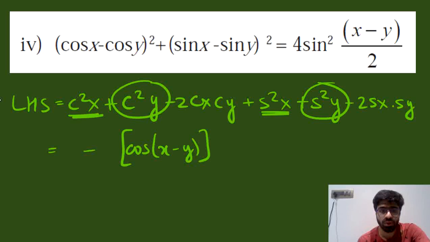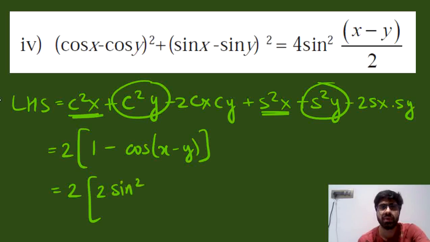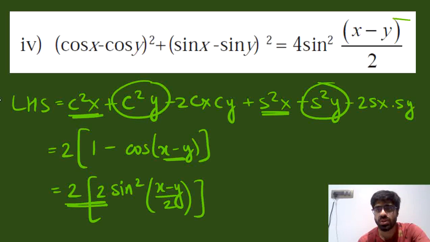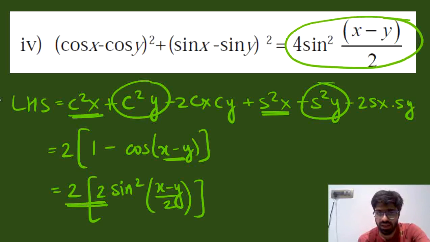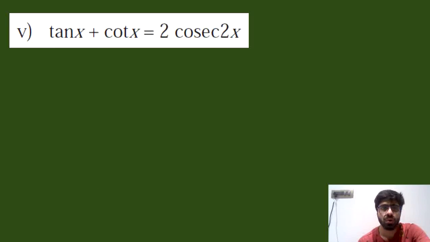So when that 2 goes out common, we are ultimately left with 1 minus cos of x minus y. 1 minus cos 2 theta was 2 sin square theta. So the angle inside sin square will be half of whatever you have here. 2 into 2 gives you 4, which is what you precisely have on the right hand side. And that is how you are proving the fourth question. Go on with the fifth.